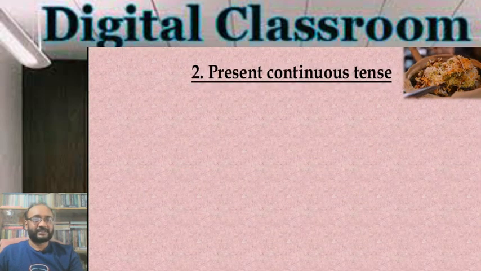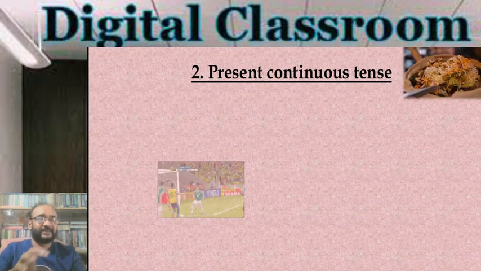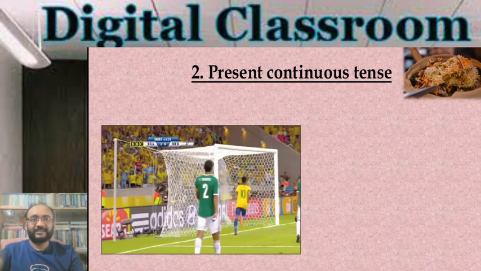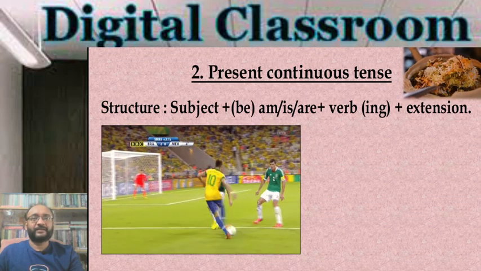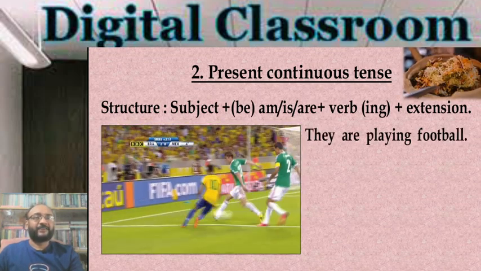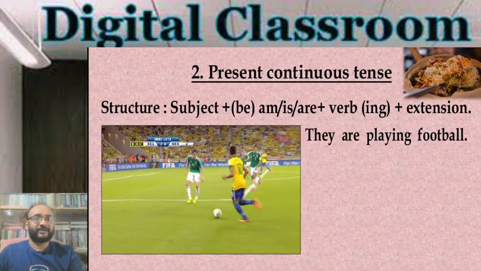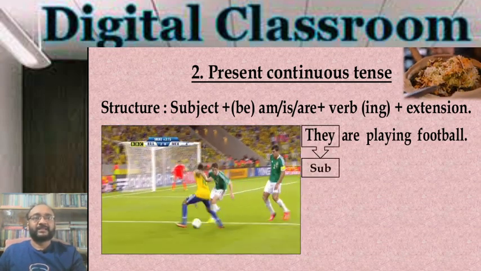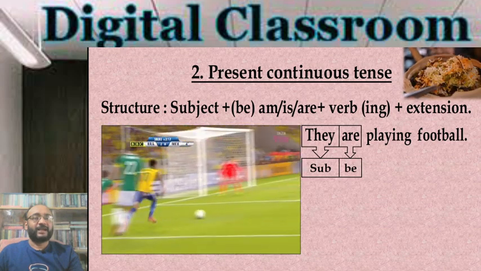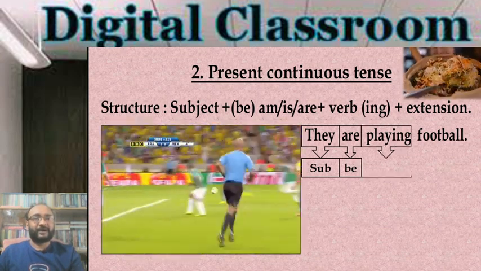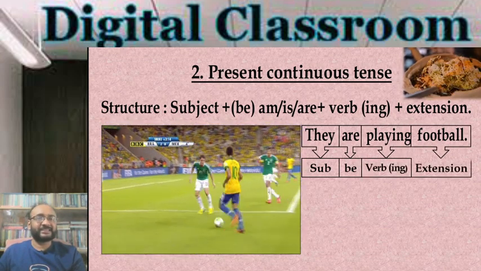Okay, present continuous tense. You will see, present continuous tense means continuous doing, continuously, isn't it? You will see what? They are playing football. So subject plus am/is/are, verb ing, extension.